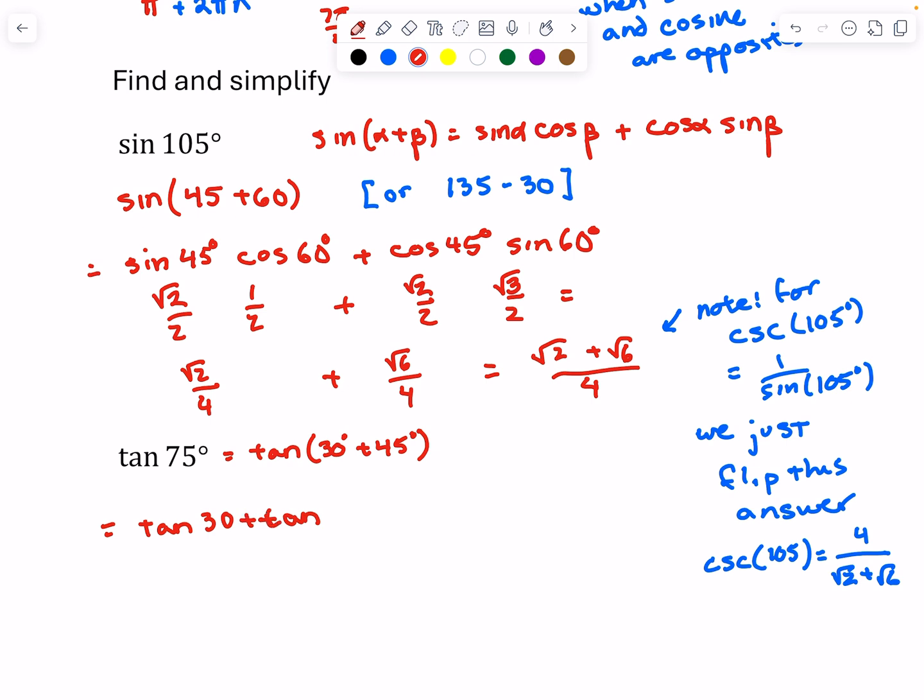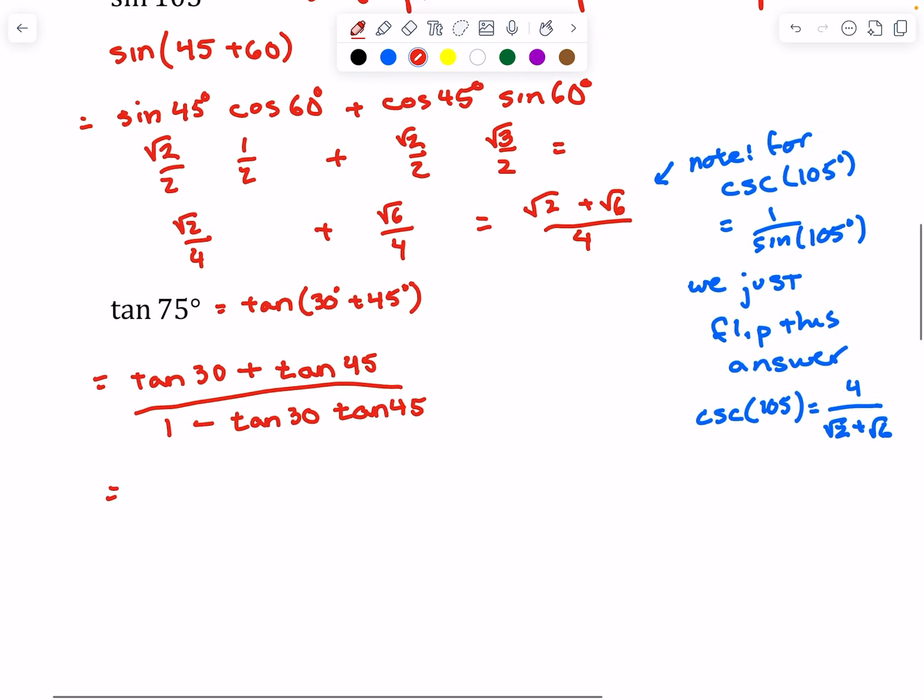Let me rewrite that. It looks terrible. And then 1 minus the product on the bottom. Tan of 30 degrees.